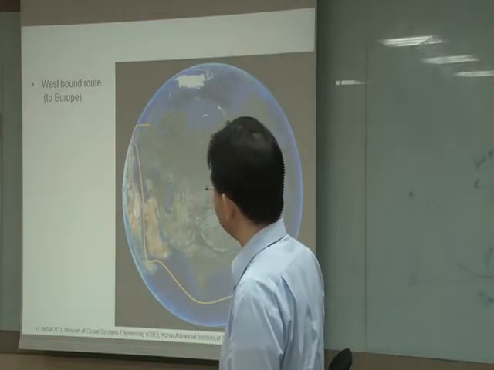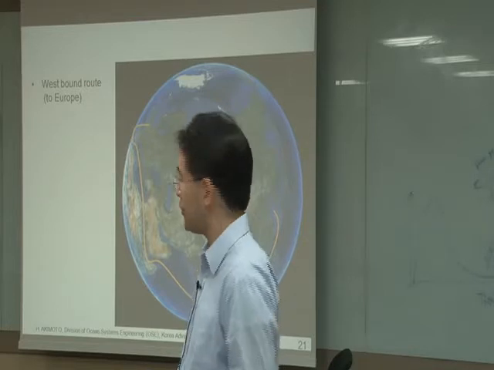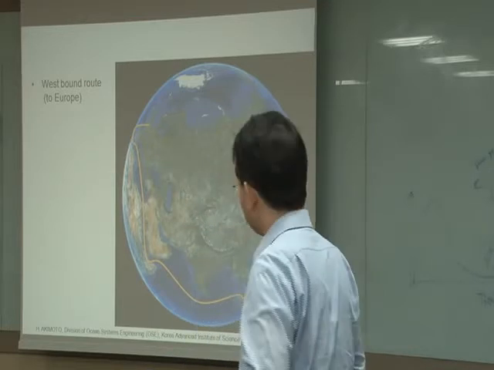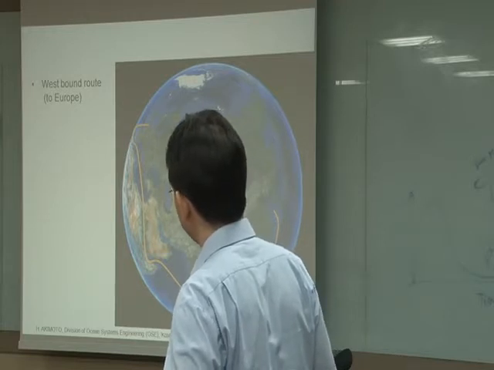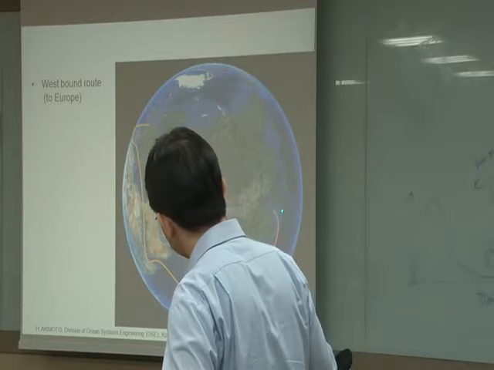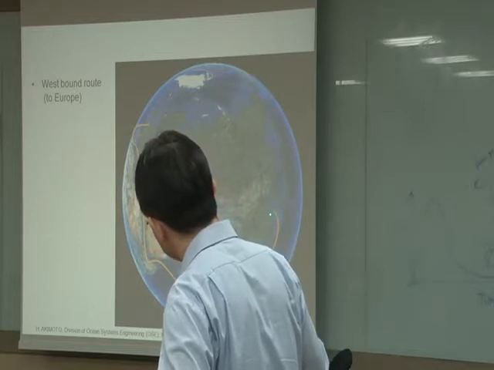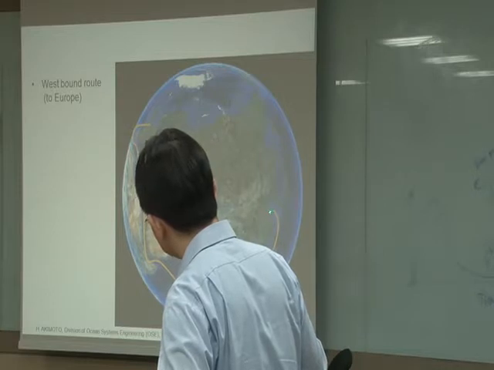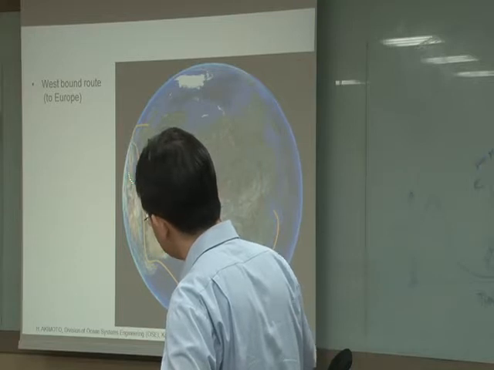A similar view to the westbound route to Europe is like this. It is slightly complicated. The Japanese islands are here, and the Korean peninsula is here, and Shanghai is around here. And you can recognize Africa is here and Europe is here.